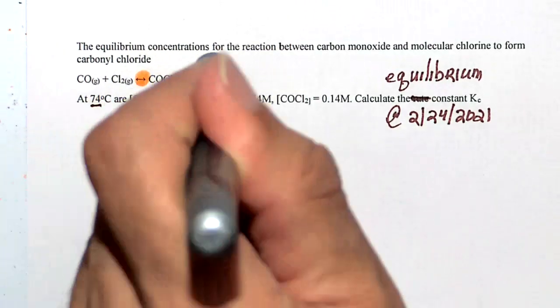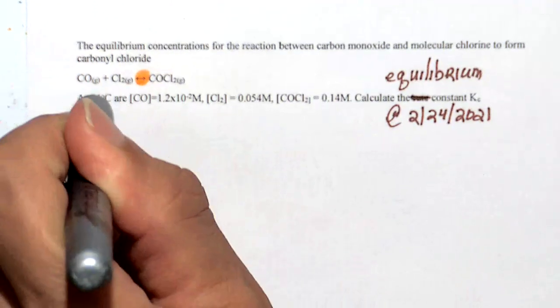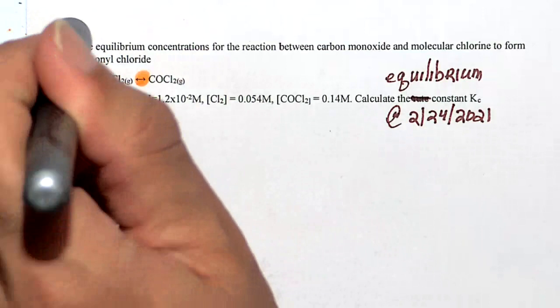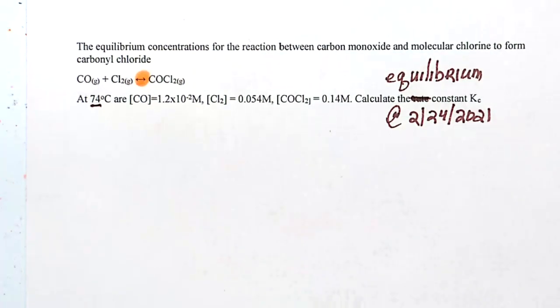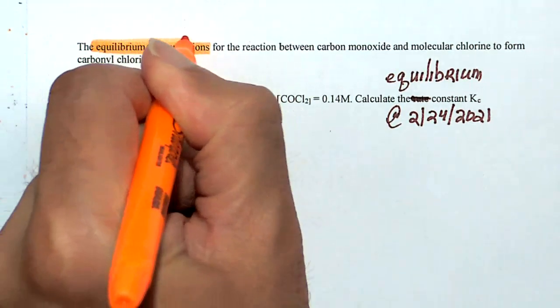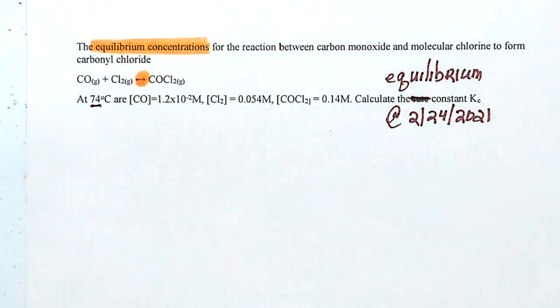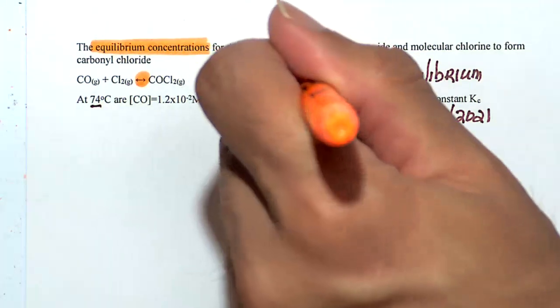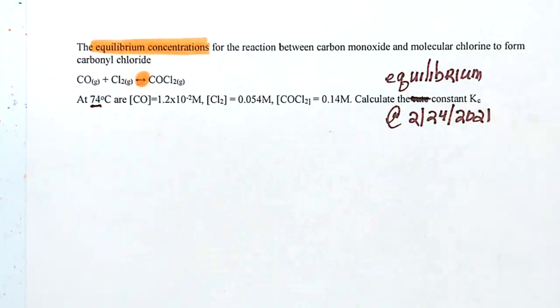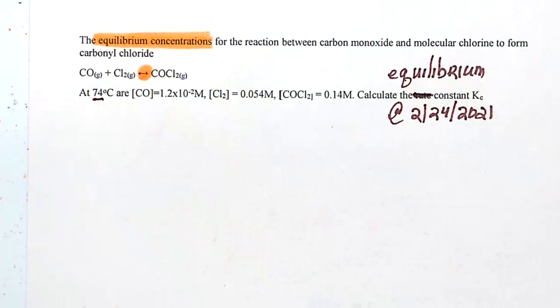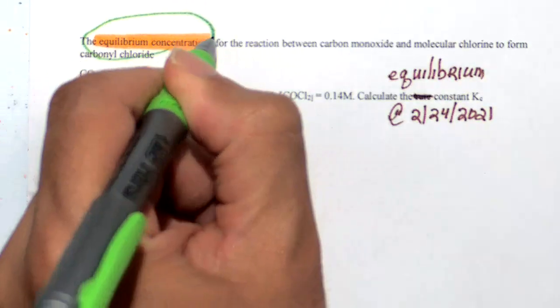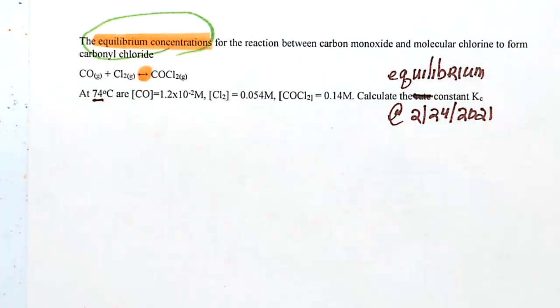All right, so we got our concentrations, we got our temperature, and these are equilibrium concentrations. How do I know these are equilibrium concentrations? The problem tells us they're equilibrium concentrations. If these are not equilibrium concentrations, then we use something else. But because they tell us they're equilibrium concentrations, we can plug them into the equilibrium expression.